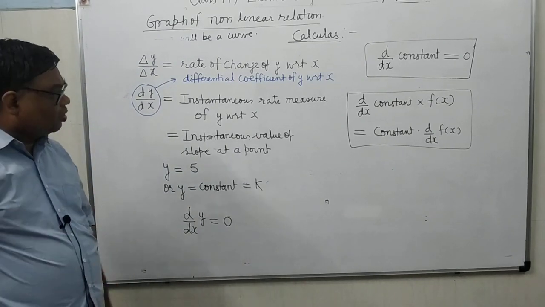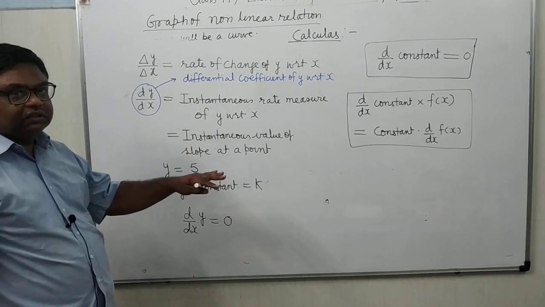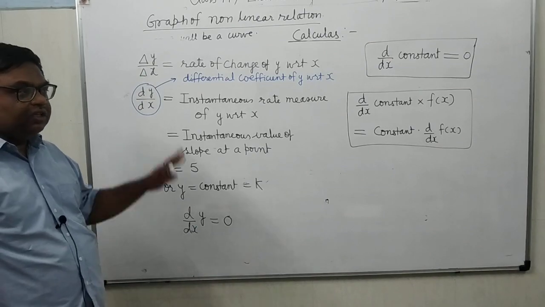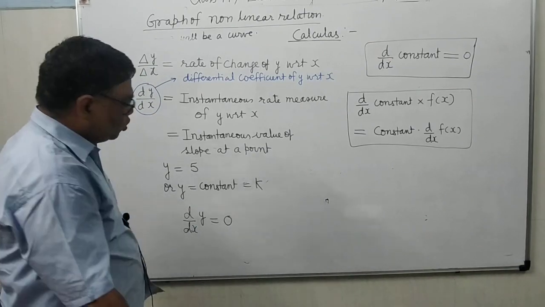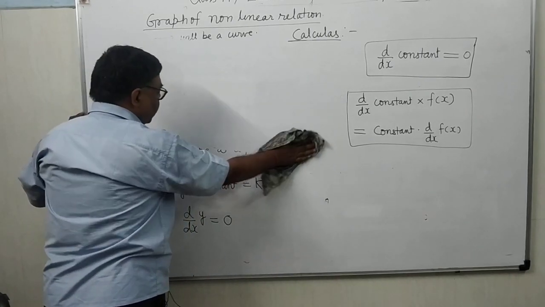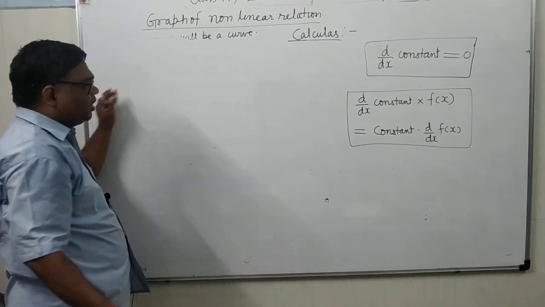Now I am going to tell you one formula, and how we arrived at that formula, we will not go into that. Only the formula I am telling you. So see here, there is one formula which is very frequently used in kinematics and in various places.